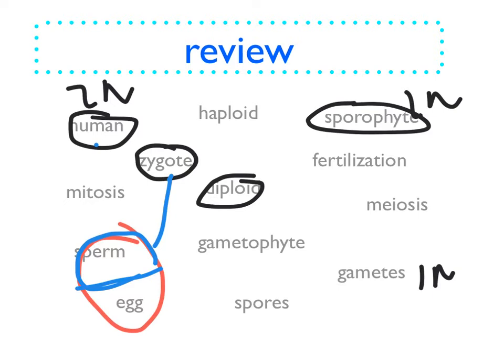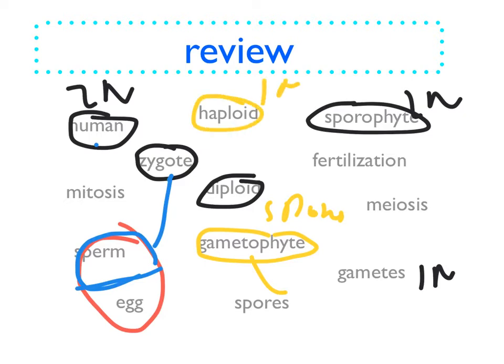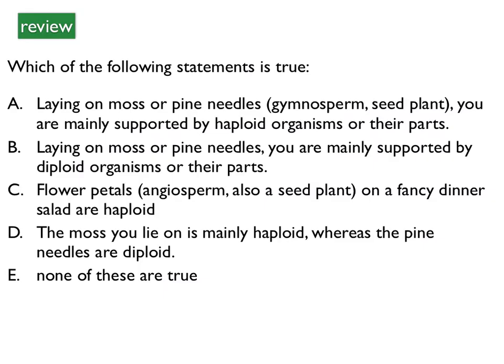Here's the gametophyte that produces spores. And in some cases, you don't have male and female. And gametophytes are haploid or 1N. And meiosis, you have fertilization, so you've got a sporophyte.